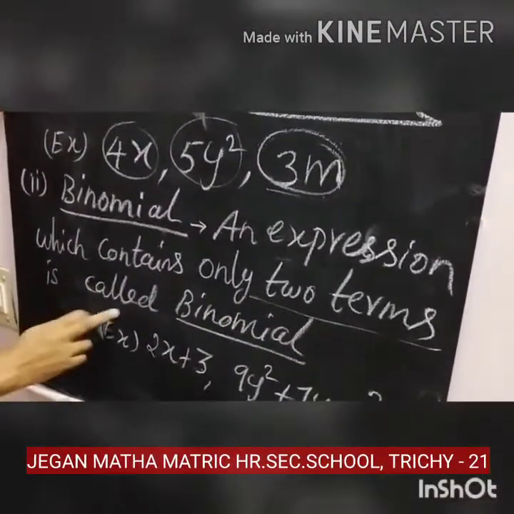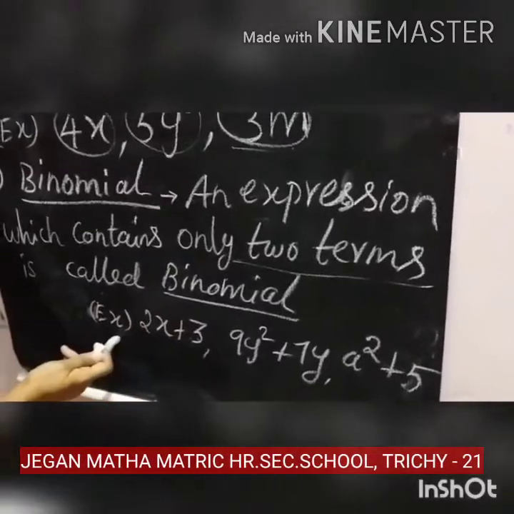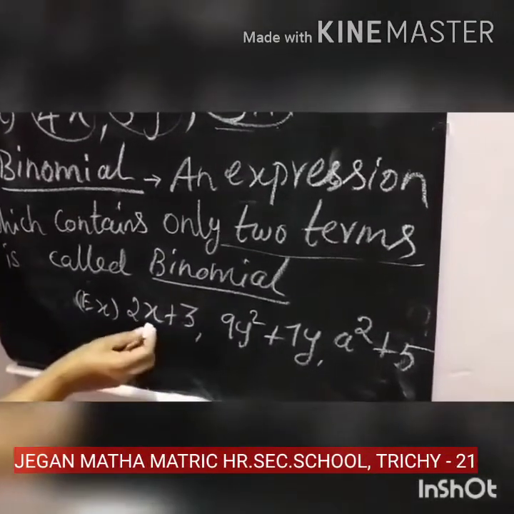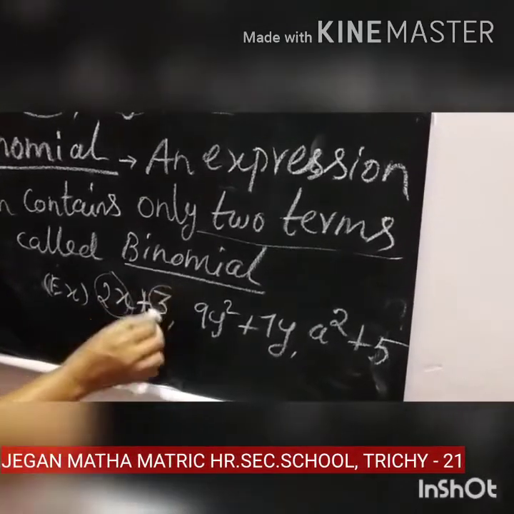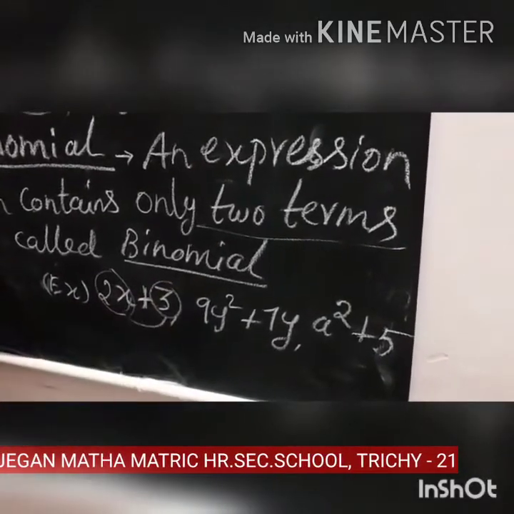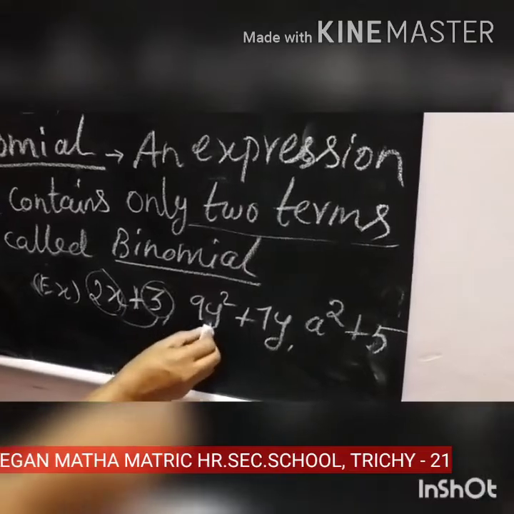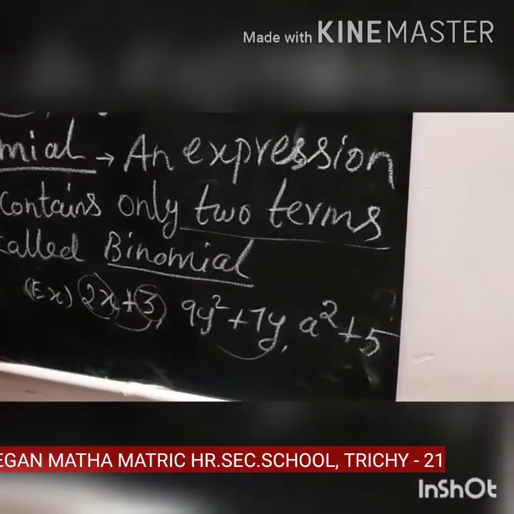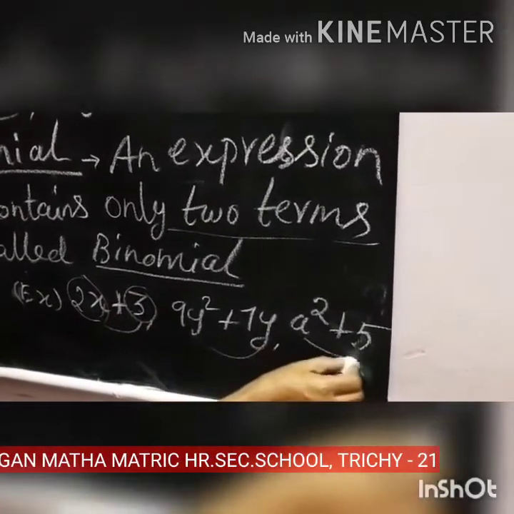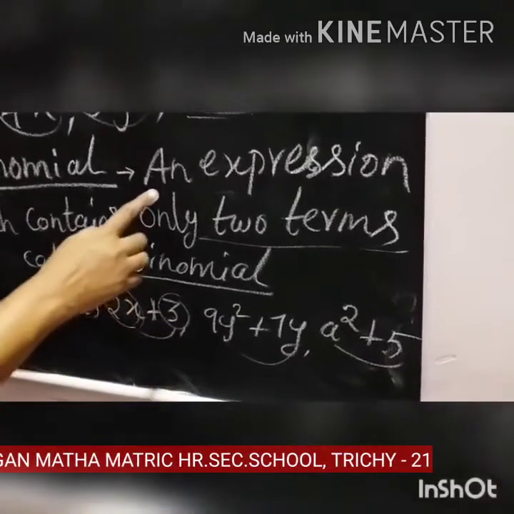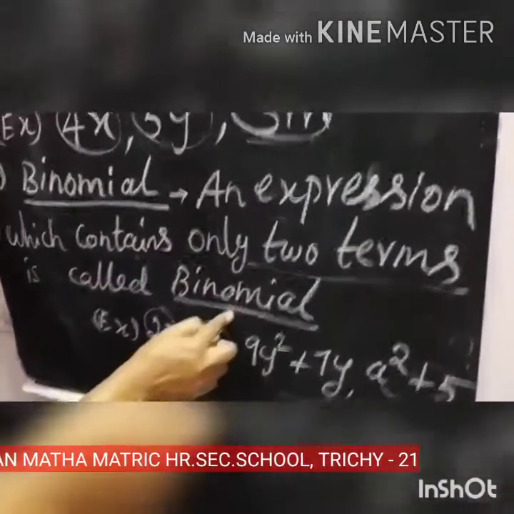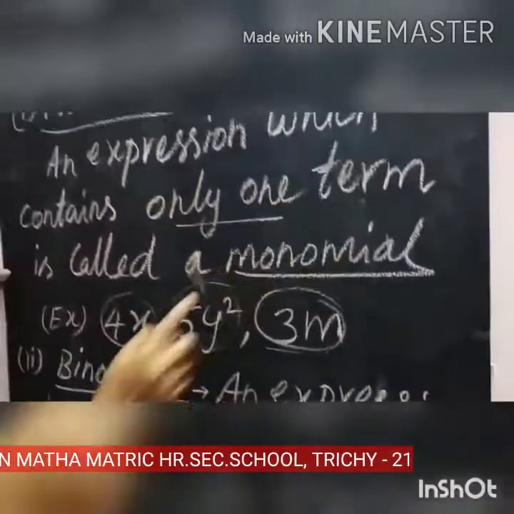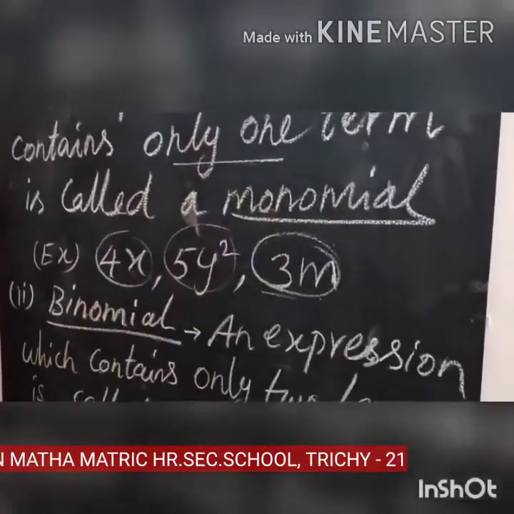See for example, 2x plus 3. 2x is one term, in between plus is there, and next one 3. So this is two terms. Here, listen: 9y square plus 7y, and a square plus 5. So an expression which contains only two terms is called binomial. Only one term is called monomial.